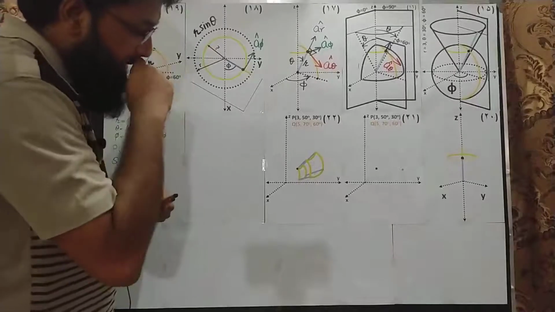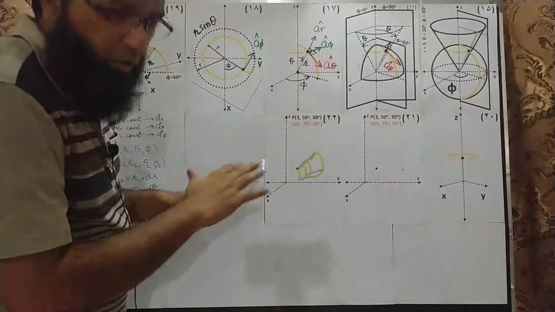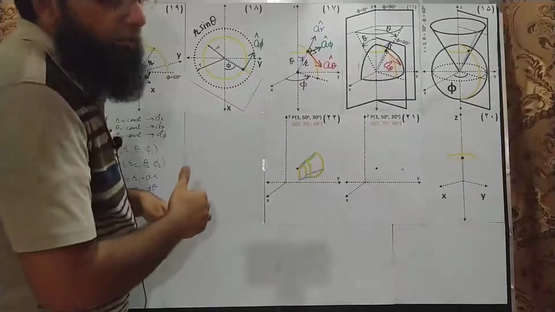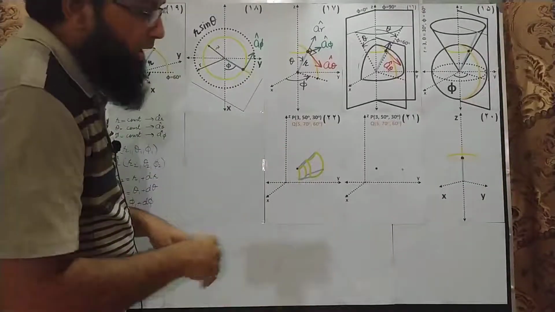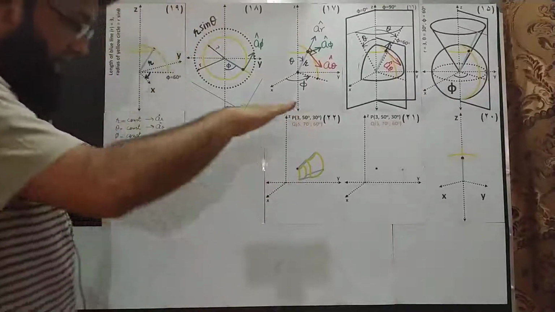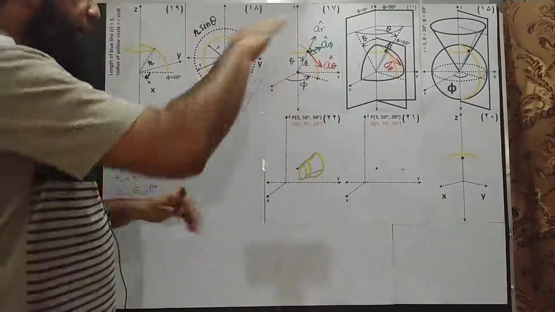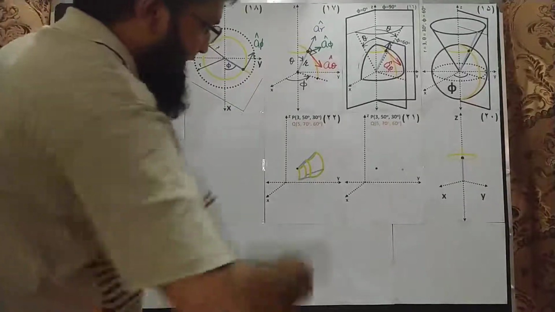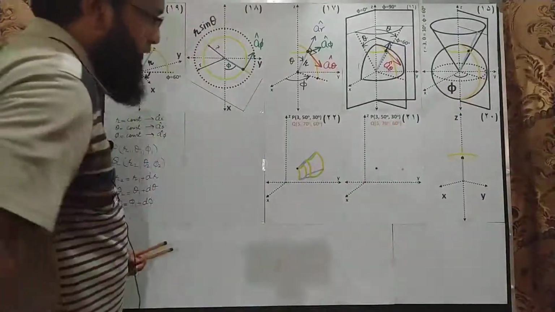Why? Because point P and point Q are not on the same sphere. Had they been on the same sphere, we would have been dead sure that point Q is lying lower as compared to point P. But since the radius is changing, we cannot be so sure about it.